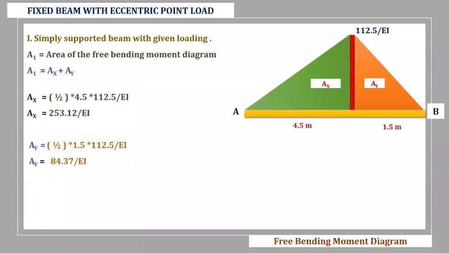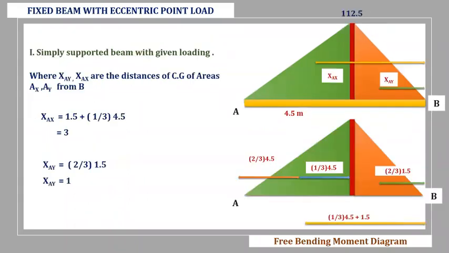Next we can calculate X1 and X2. That represents X1. We calculate the orange triangle diagram's centroidal location with reference to point B. All of you see the orange shape. That is 2/3 of the 1.5 from the apex.